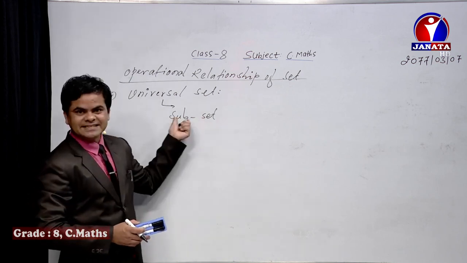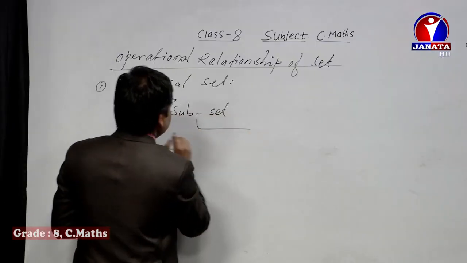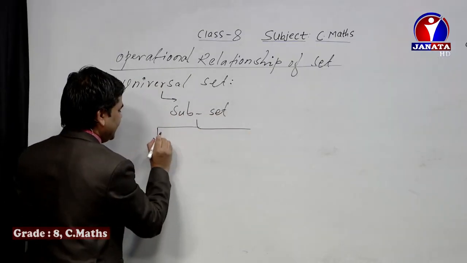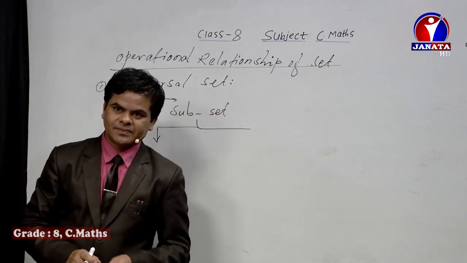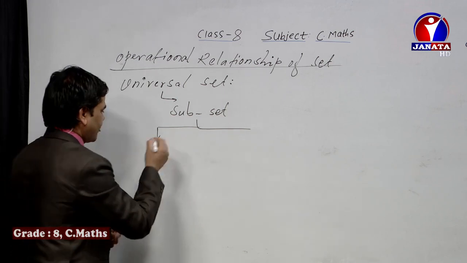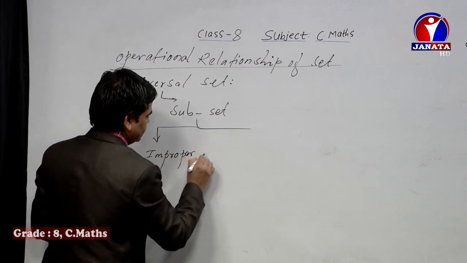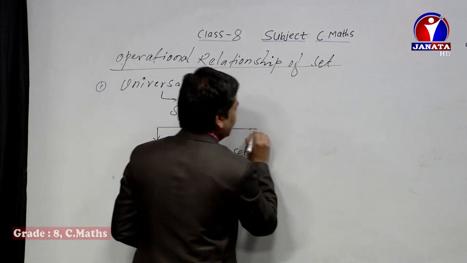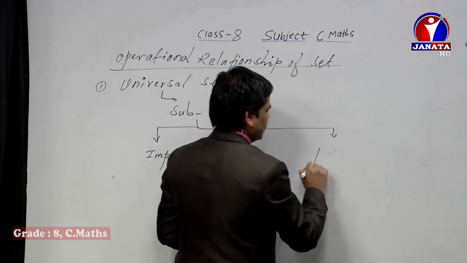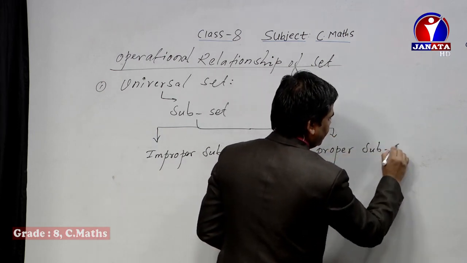Set's branch is subset. And dear students, while studying subset also, you need to focus on two things. It has two branches. The first one is improper subset, and the second one is proper subset.